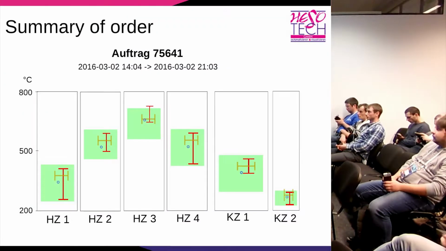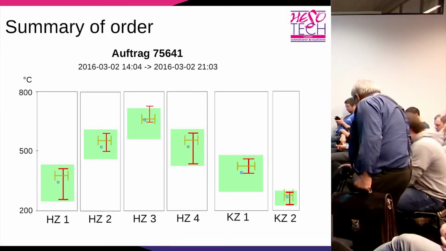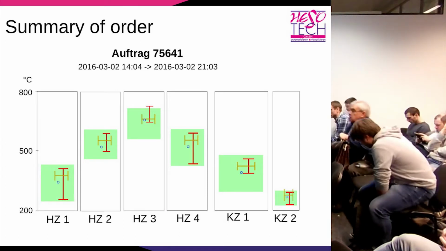So these are the status of a lot. And that is one type of summary we have to generate. You remember, for each heat zone, you have a set point. That's the velocity in this direction and the heat in that direction. And that is the variance of the heat. That is the variance of the velocity which is allowed.